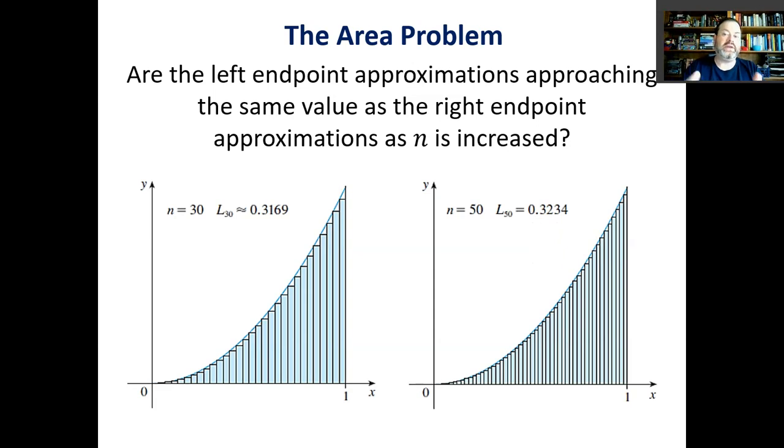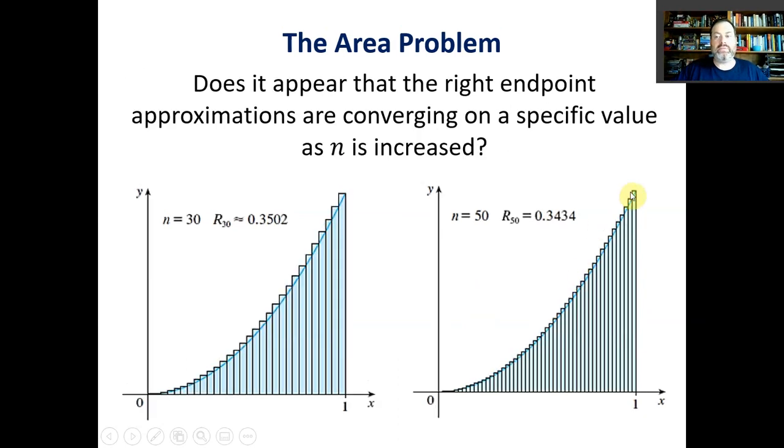You just have to believe that as we keep adding rectangles, the amount missing in the left endpoint and the amount of extra in the right endpoint, the limit goes to 0. So remember our definition of a limit. It's an epsilon delta proof, basically, except with infinity.